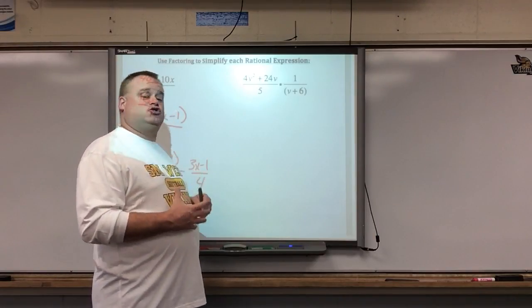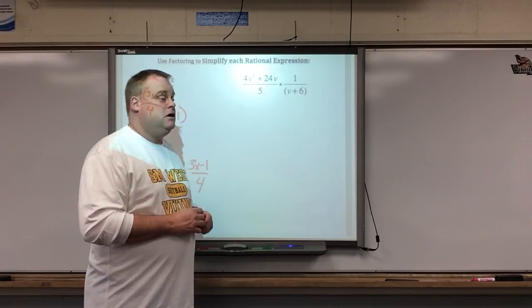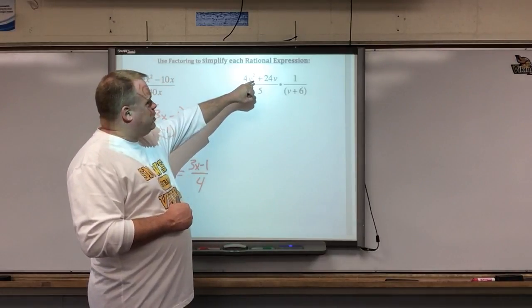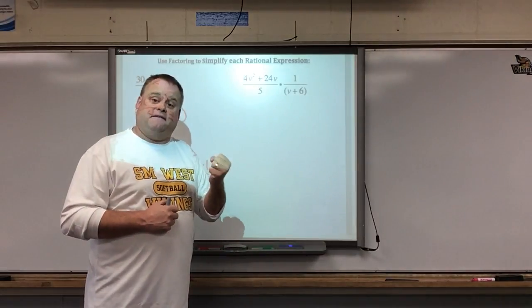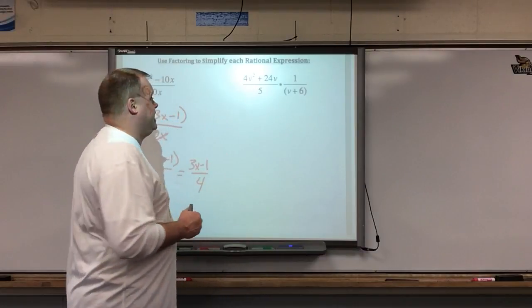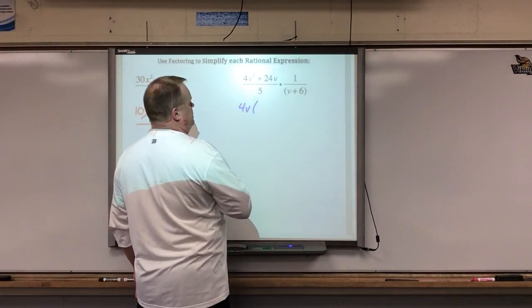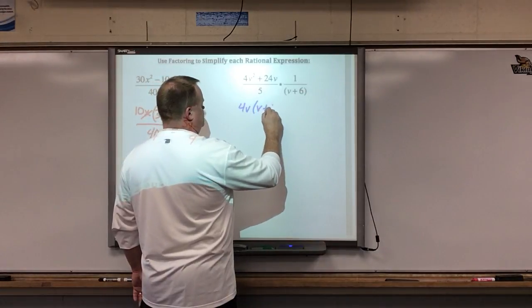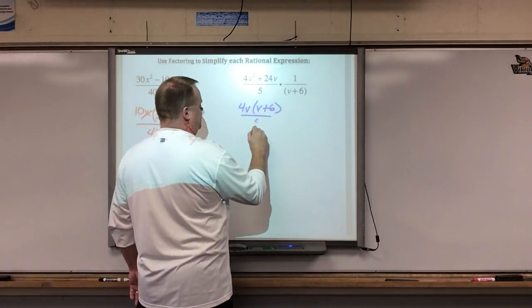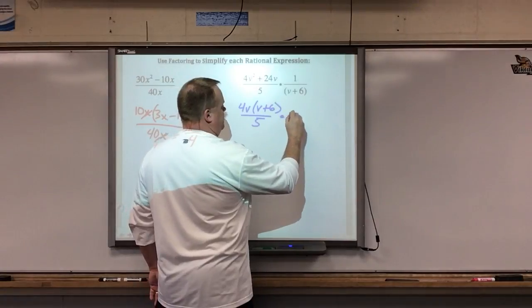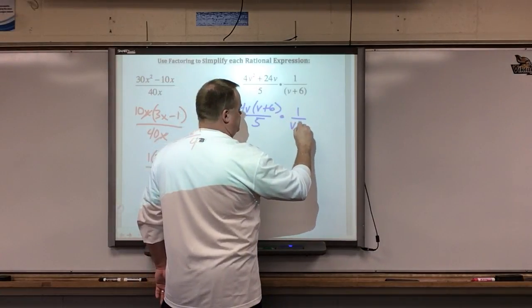Well, as it stands, there's nothing I can simplify. But I do know that the 4v squared plus 24v, I can factor that. I can pull a 4v out. That's going to give me just v plus 6 all over 5, and that is still multiplied by 1 over v to the 6th.